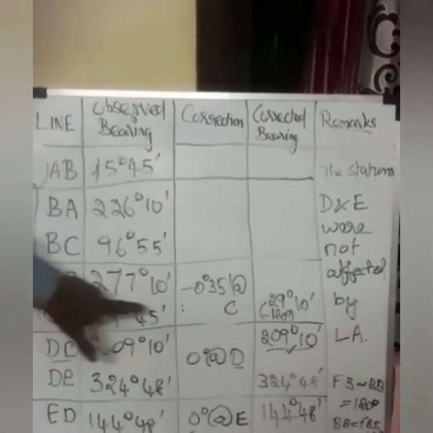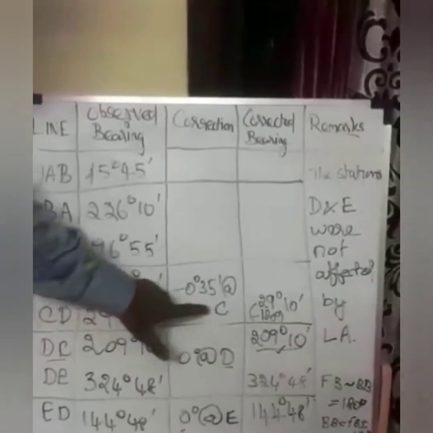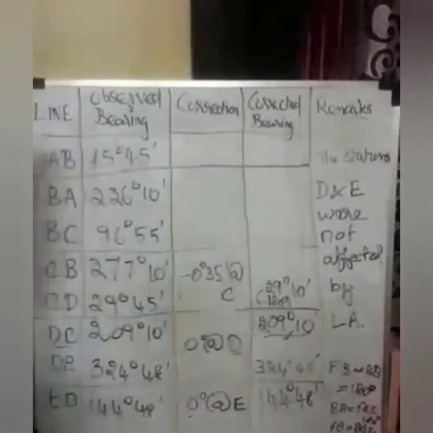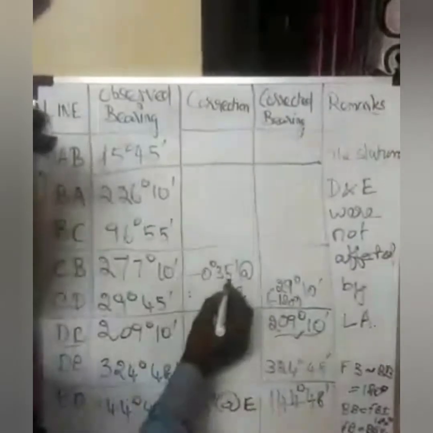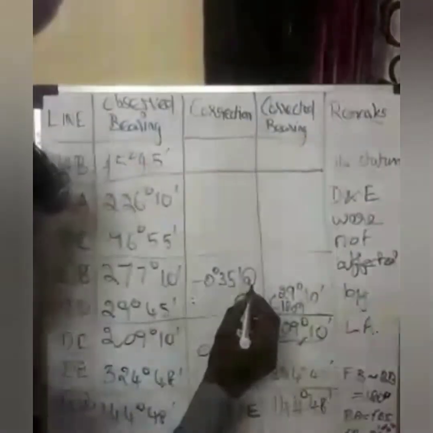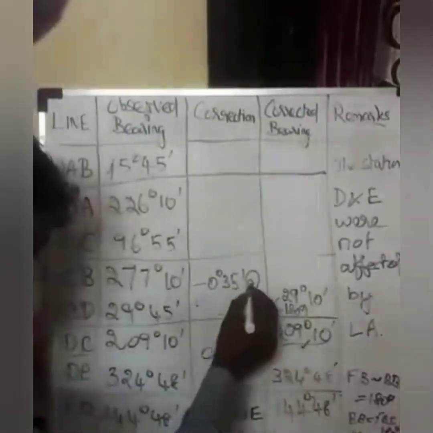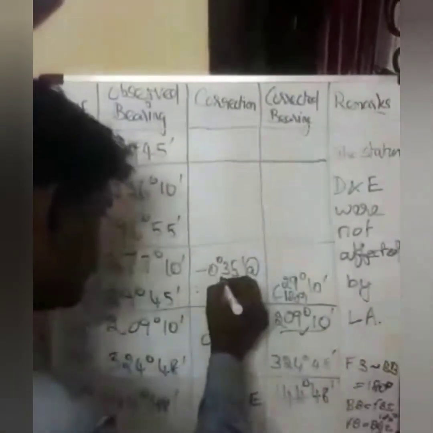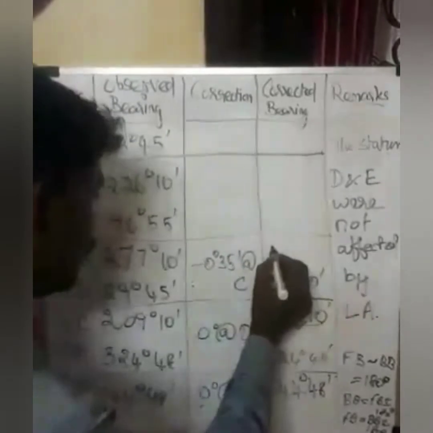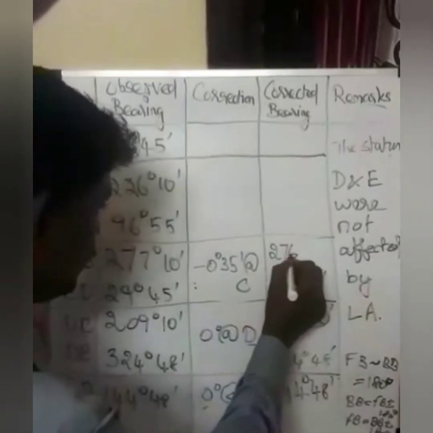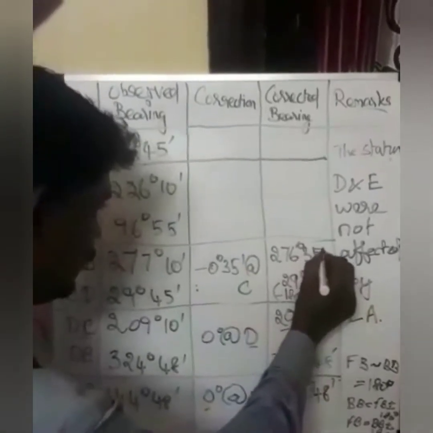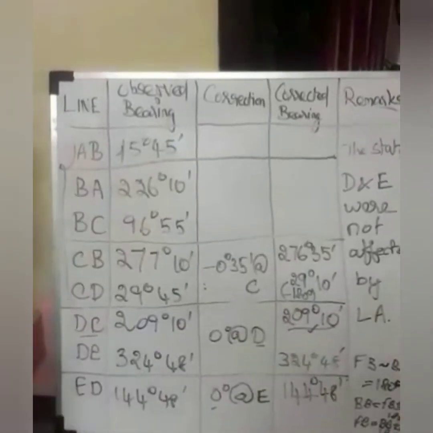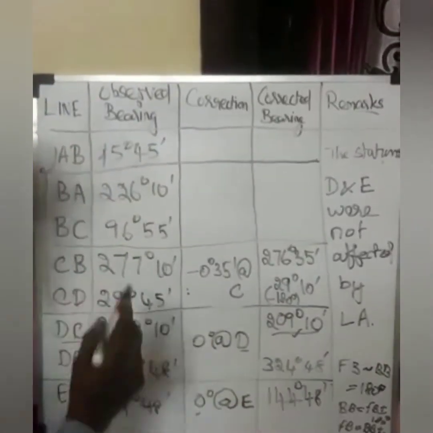Apply the error here. Observed bearing plus correction is equal to corrected bearing. Corrected bearing is equal to 277 degree 10 minutes minus 0 degree 35 minutes, which is 276 degree 35 minutes. It is the corrected bearing of line CB.